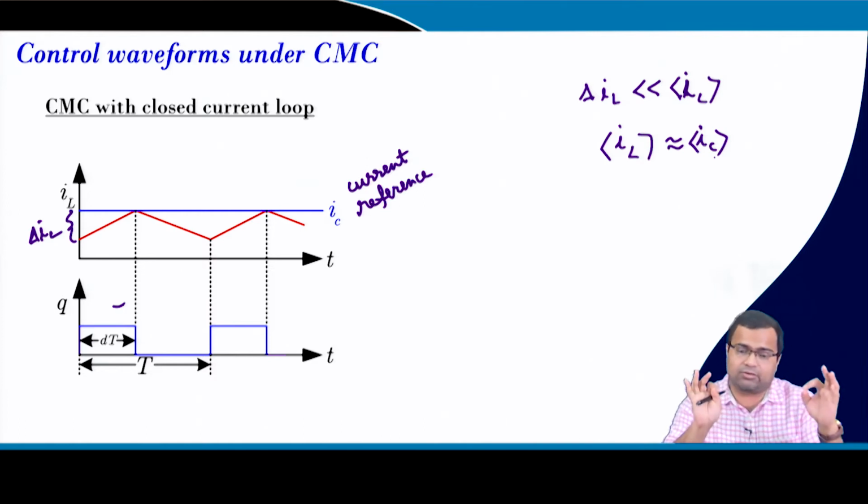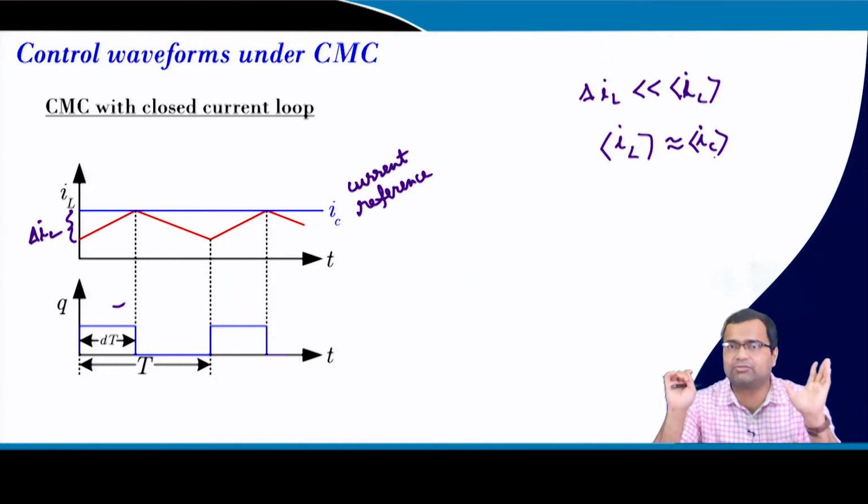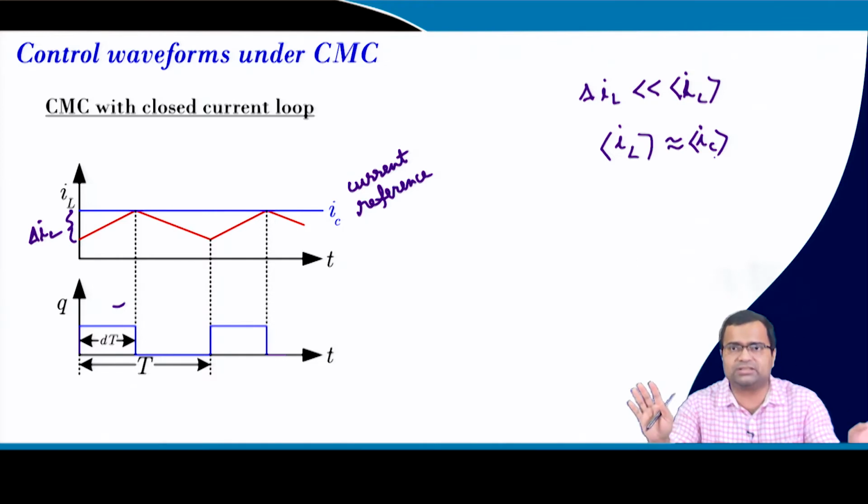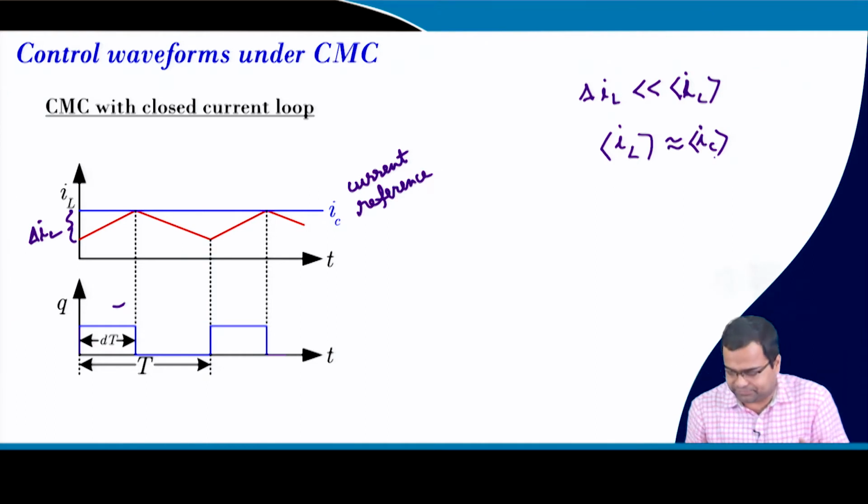It also gives problems when we talk about the modulator gain of current mode control, but here we are not considering that, and we are also not considering any compensating ramp. So, for this model we first assume no compensating ramp and negligible ripple, so the average current is almost equal to the current reference. But this is the starting point, remember.